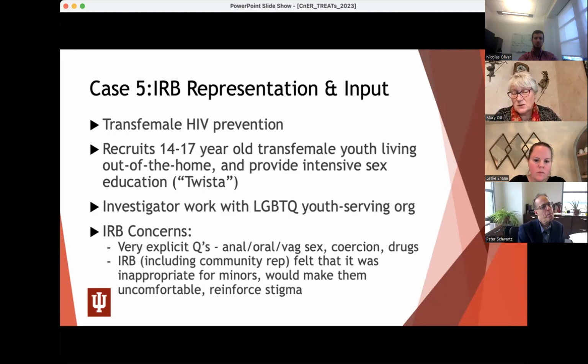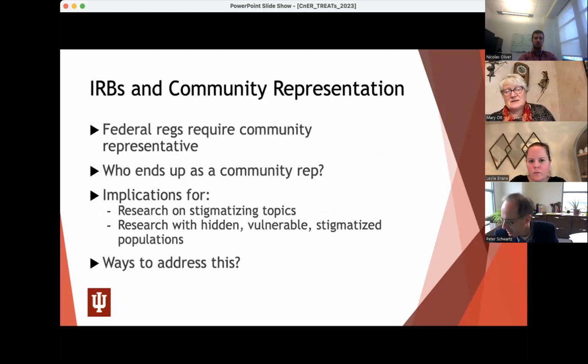He was able to work with his IRB around that with the support of the community organization he was working with. So it's worth thinking through what's happening with IRBs and community representation, particularly for work on stigmatizing topics or with hidden or vulnerable populations.